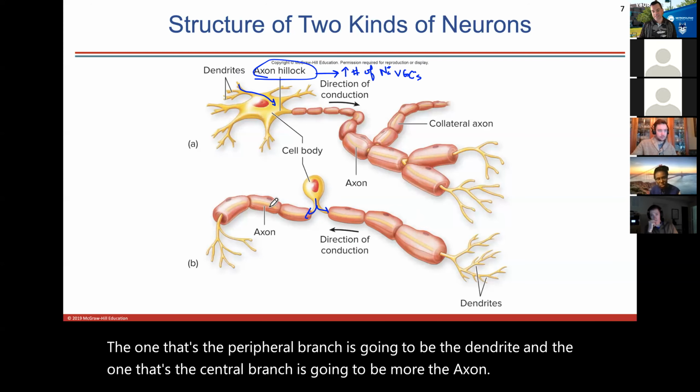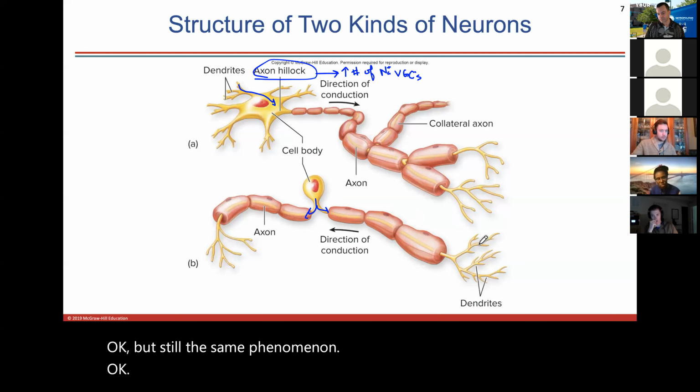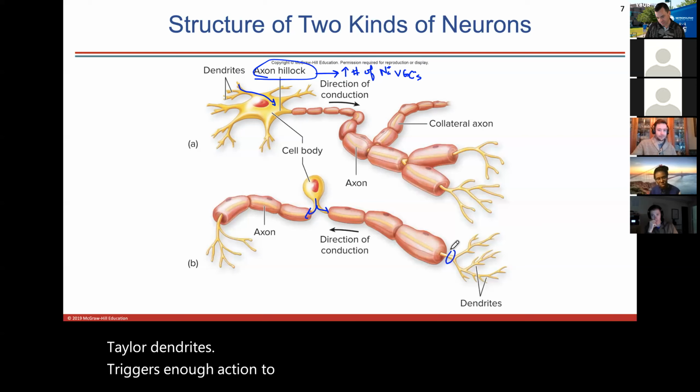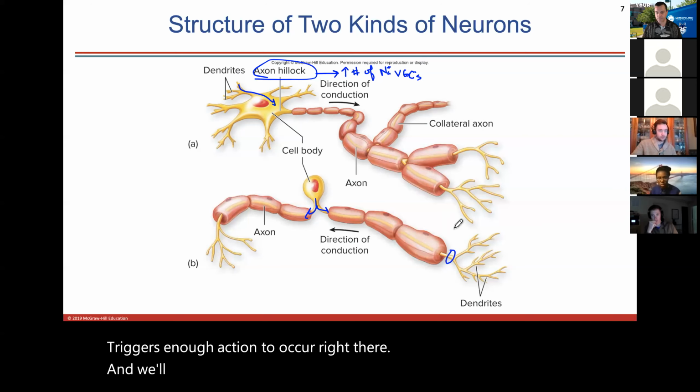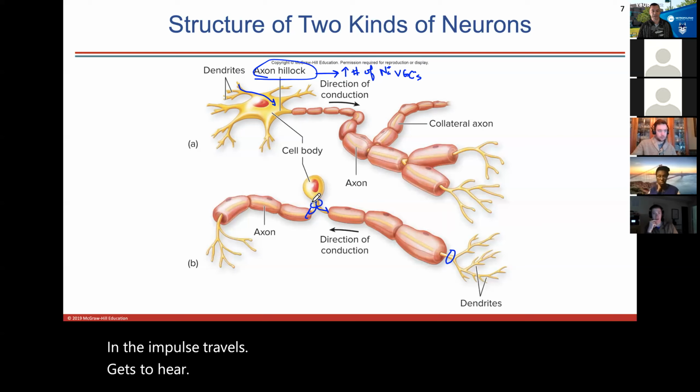But still the same phenomenon: tiny little dendrites trigger enough action to occur right there, and we'll talk about all this in a little bit. The impulse travels, gets to here, magic happens again, and it travels this distance.